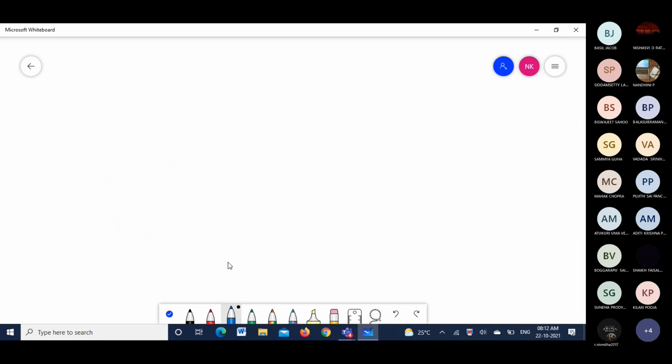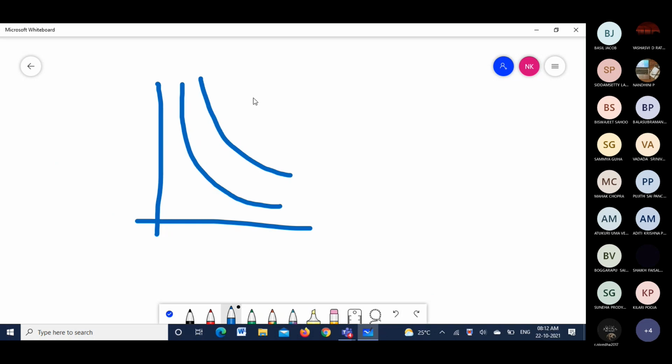Then comes the isoquant map. This is isoquant 1, isoquant 2, isoquant 3. When the isoquant is shifting towards the right, it shows a higher level of production. Isoquant 1 might be 100 units, 2 means 200 units, and 3 means 300 units.